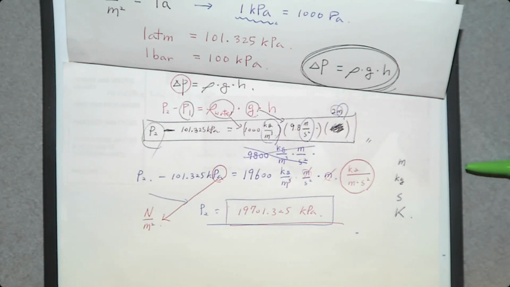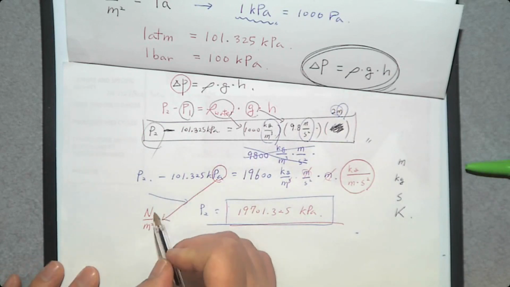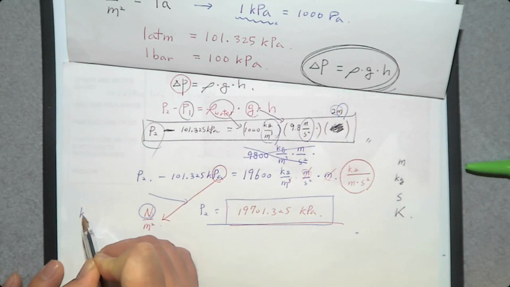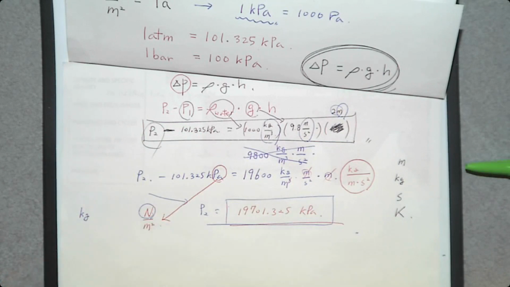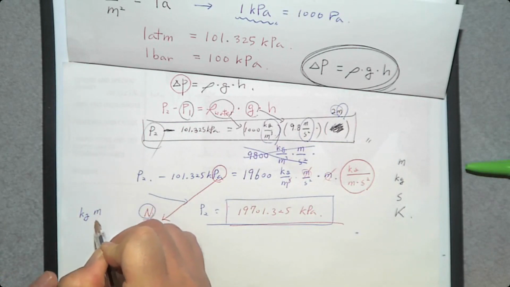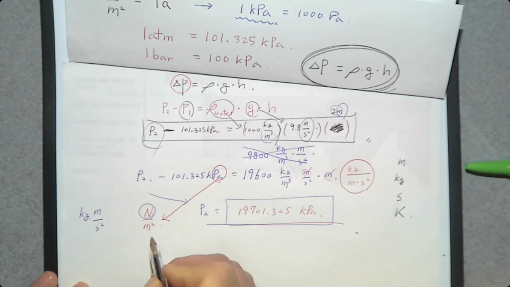What is Newton? The unit of force. So force is what? Mass times acceleration. What is mass? Kilogram. Acceleration: meter per second square. And we have meter square at the bottom.